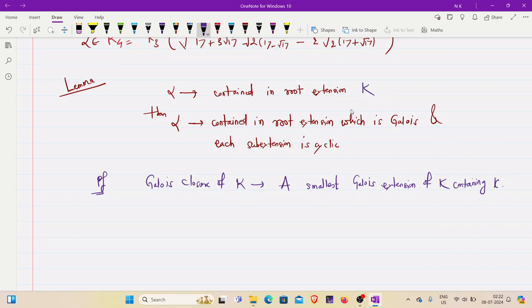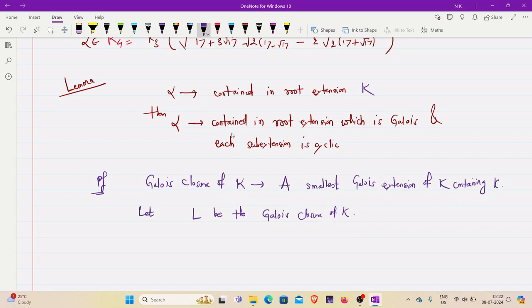So we are already talking about field K. So let me assume that L is the Galois closure of K. Okay, now what will happen?